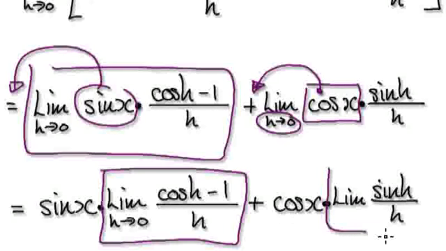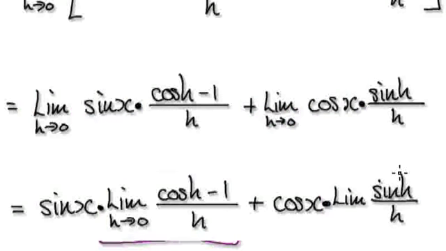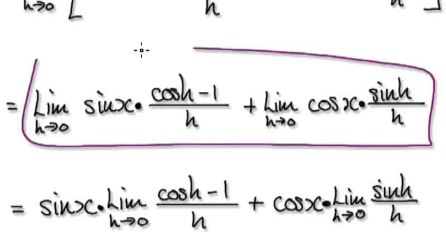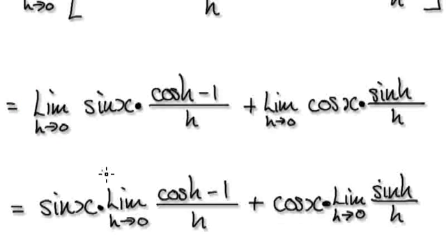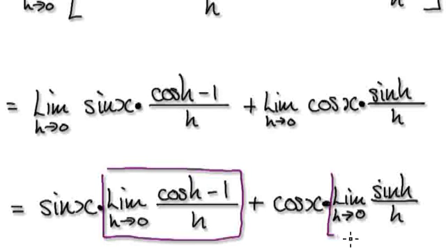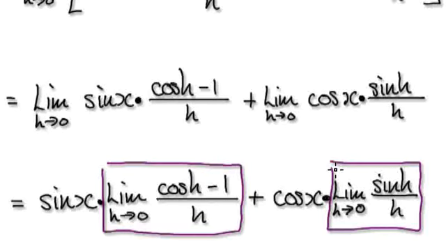Okay, and then just concentrate on finding out the limit of this. Oh, by the way, this here is as h tends to 0. I forgot, sorry. So from here, just concentrate on finding out the limit of this, and then the limit of this.